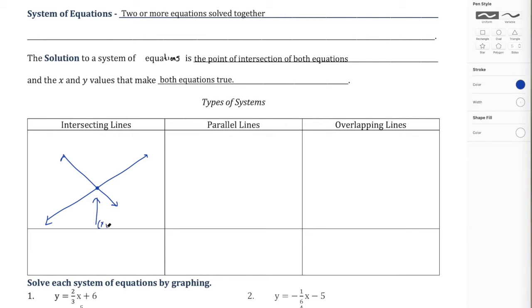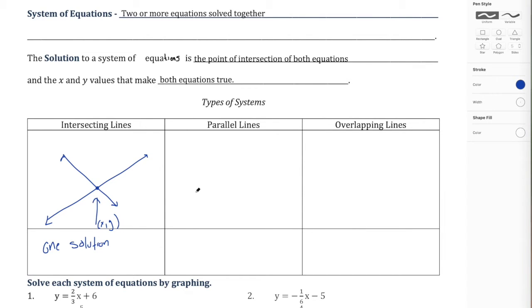There's an x comma y value for that point, and that's the solution. So when there's intersecting lines, there is only one solution. We are talking about mathematical lines here, and we're talking about linear systems in this chapter, so there's only one place where these two lines will intersect.